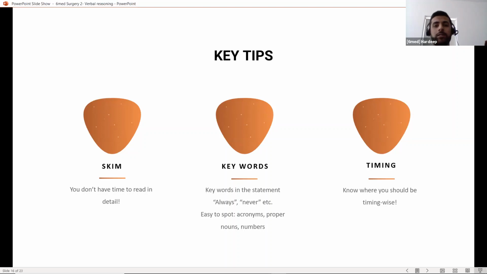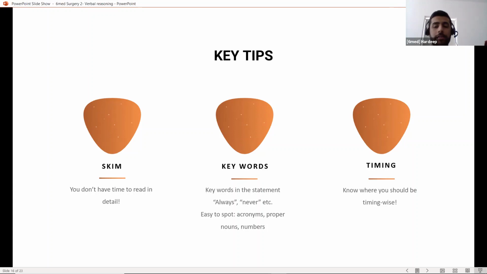Looking for keywords, especially things like qualifiers and absolutes. Qualifiers are things like more likely, less likely, more often, these kinds of things that can easily try and trip you up. And then absolutes are things like never, always, biggest, these sorts of statements.